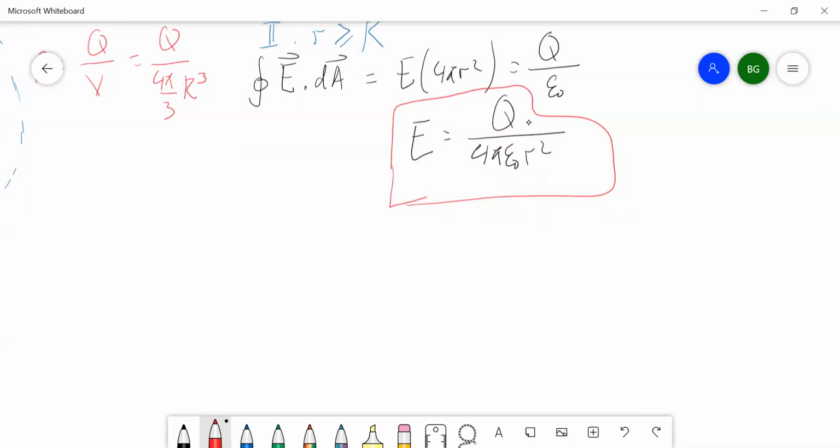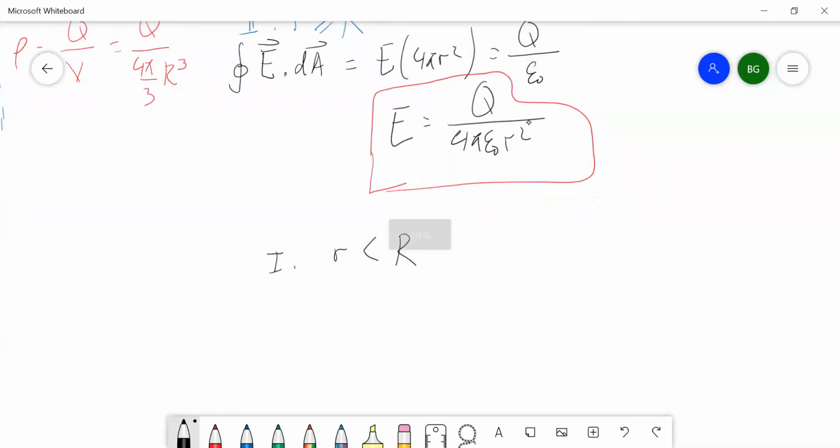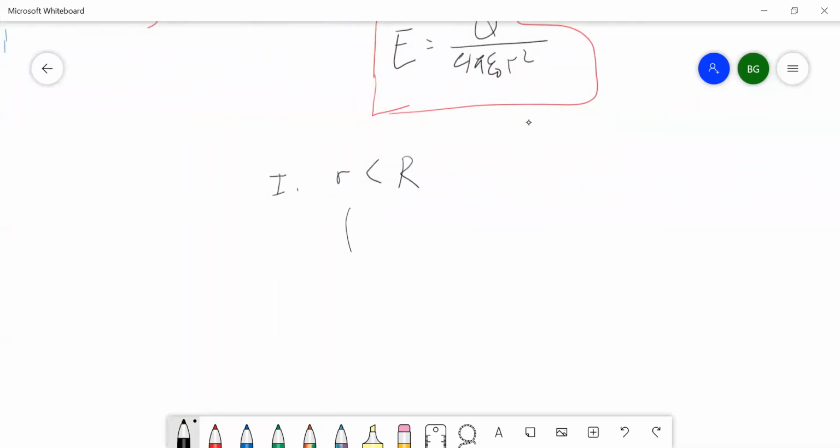So in the first region, r less than capital R, the left-hand side of Gauss's law is the same.